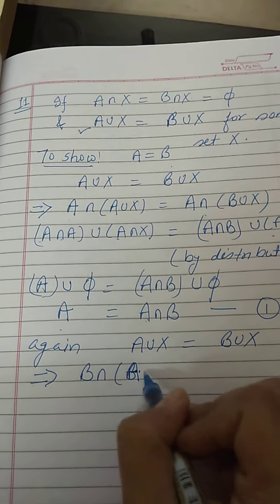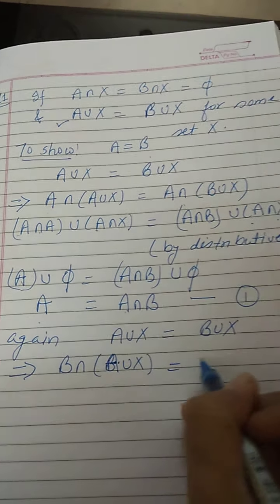So this is B intersection A union X equals B intersection B union X. Once again we apply the distributive law. So we will get here B intersection A union B intersection X is equal to B intersection B union B intersection X.